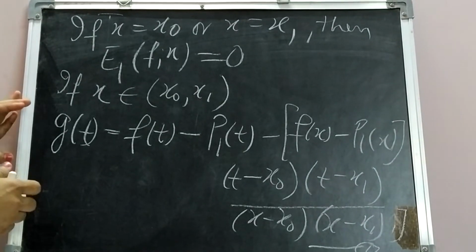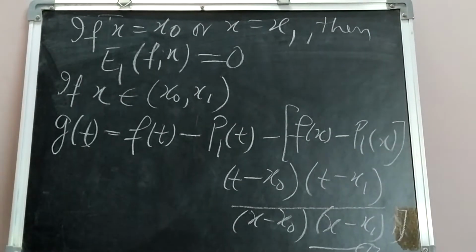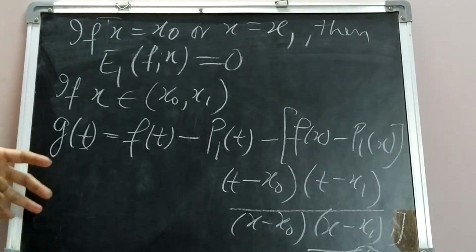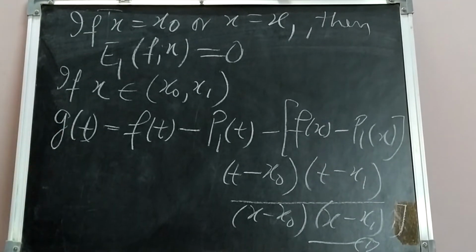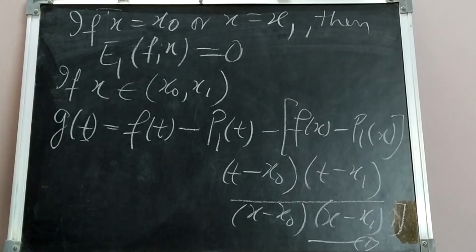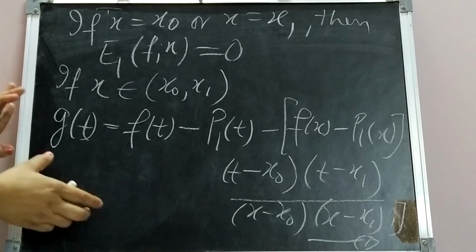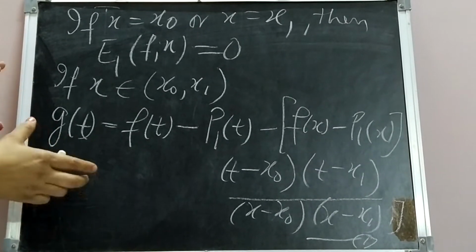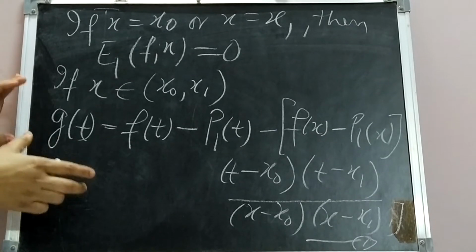The question is why we have taken such a function. Since we have not discussed the divided difference formula and all, we are assuming a function like this, which you have to choose for deriving the interpolation error.